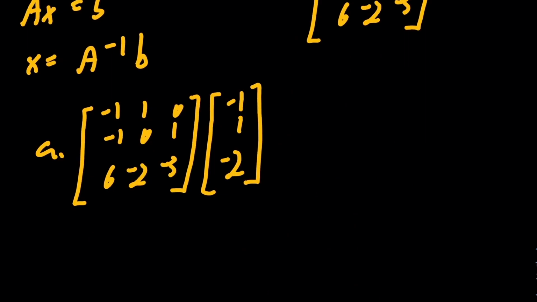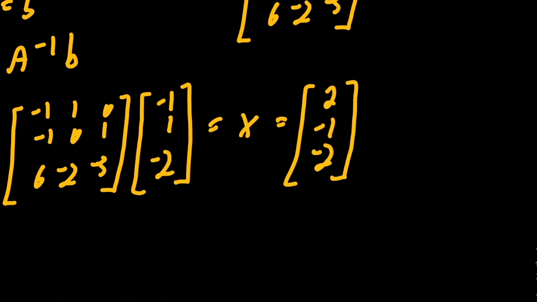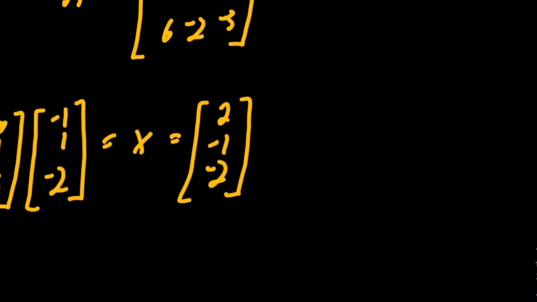And in doing so, it all equals X. And when you apply matrix multiplication, you get 2, negative 1, and negative 2. What does this mean exactly? Well, it simply means that x is equal to 2, y is equal to negative 1, and z is equal to negative 2.